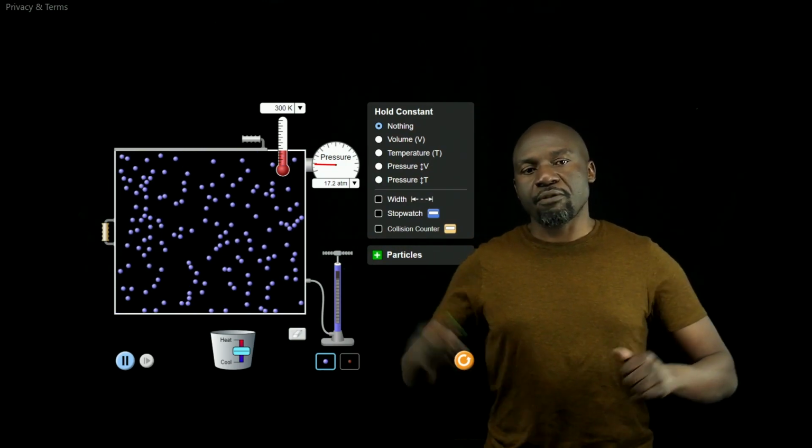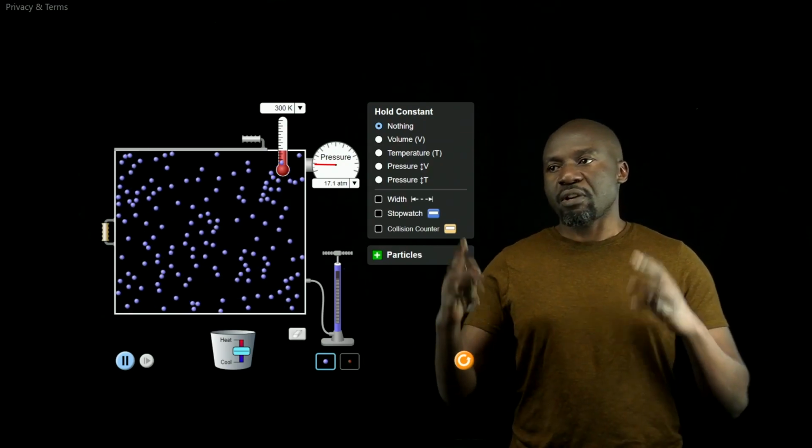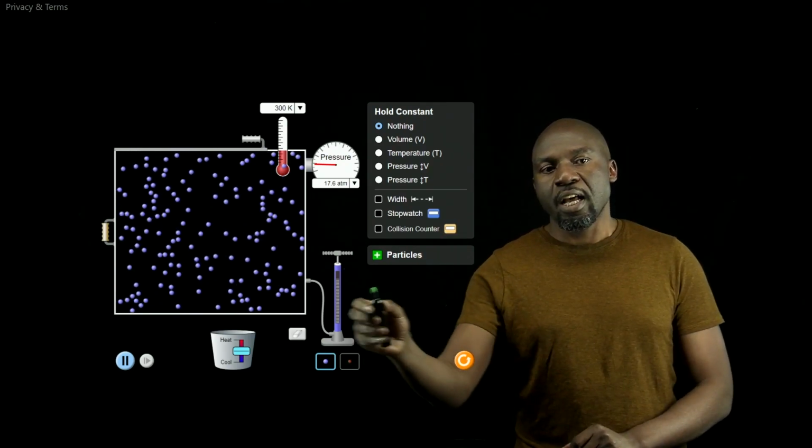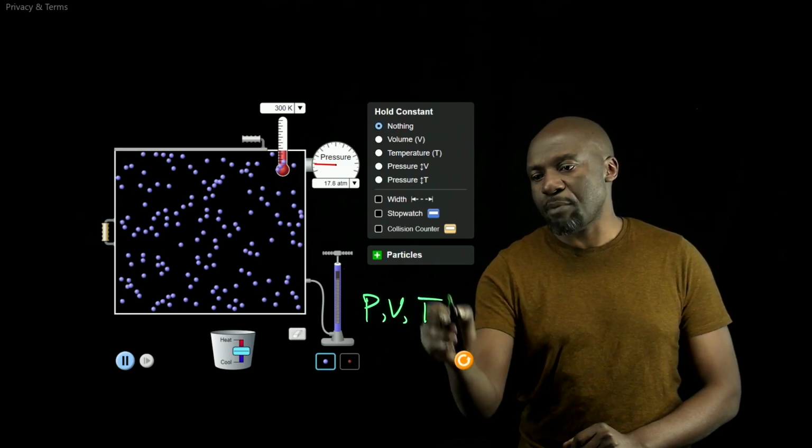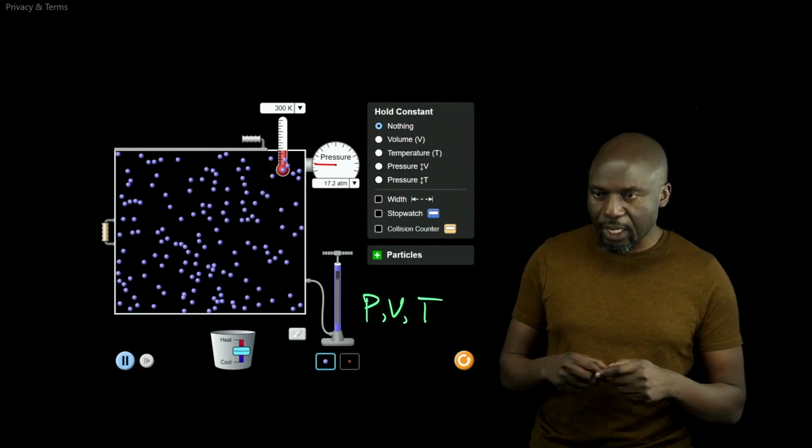So the factors that determine the state of a gas are the pressure, the volume, and the temperature. This temperature is thermodynamic temperature measured in Kelvin, okay?